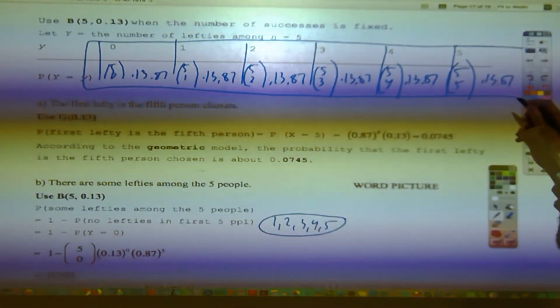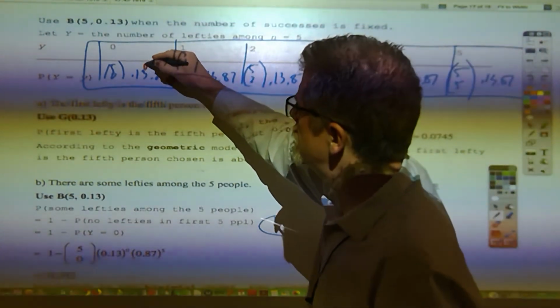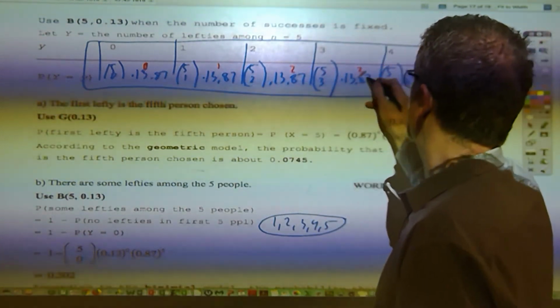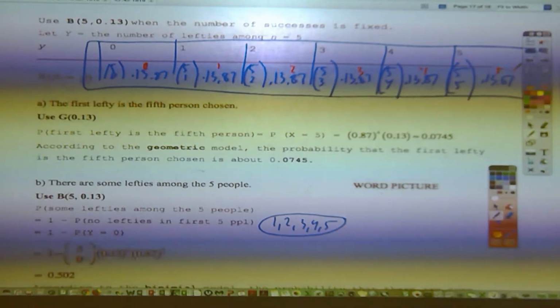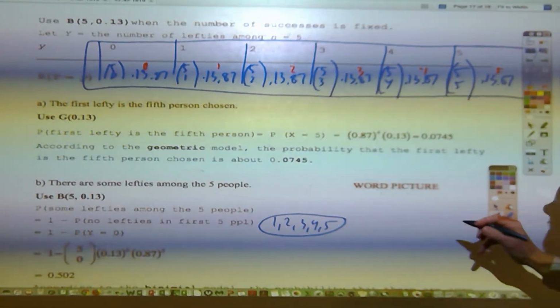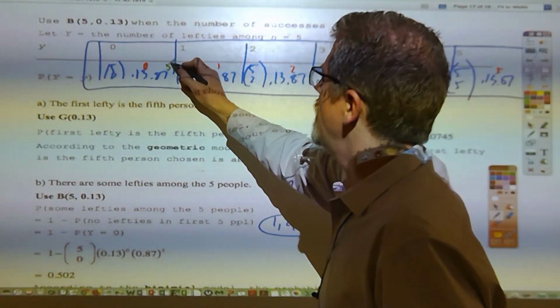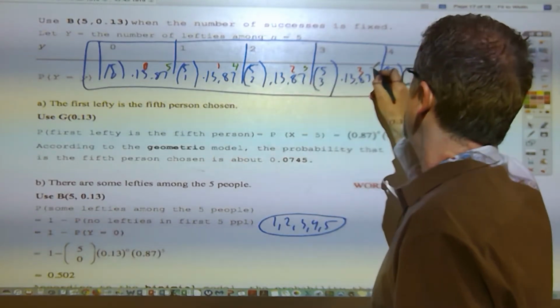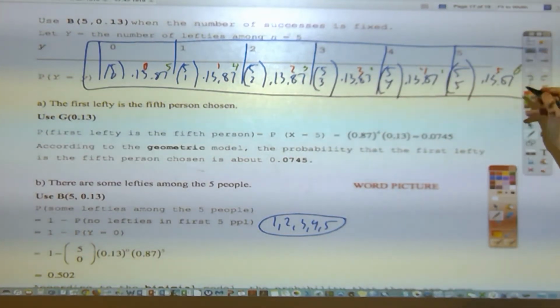And then fill in the exponents. The exponents on 0.13 go up: 0, 1, 2, 3, 4, and 5. The exponents on 0.87 go down, starting with 5: 5, 4, 3, 2, 1. Liftoff. Houston, we have a problem.